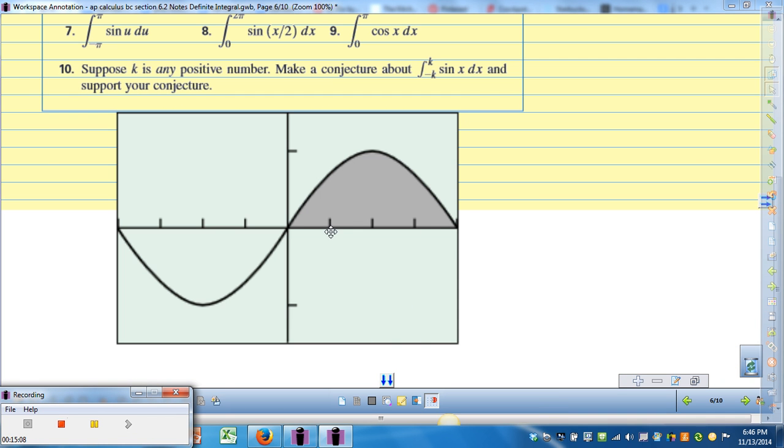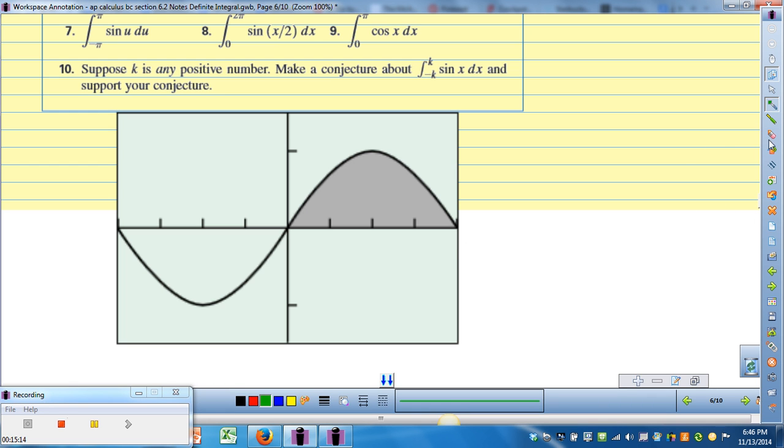Alright, what I did is I enlarged the sine curve, and so what we have here is 0 to pi is right here. So if this function continued from pi to 2 pi, it looks something like, without my shaky hand, so it would be the same area as our original area, but it would be below the x-axis.